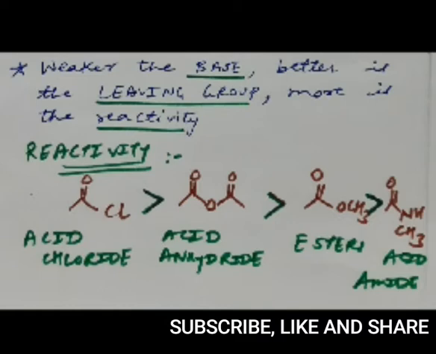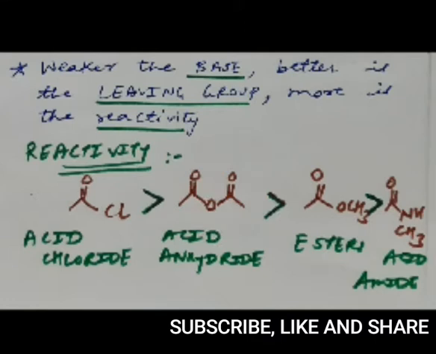Move on to the next, acid anhydrides. In the case of acid anhydrides, if I consider this particular group, since it has a carbonyl group having a minus I effect and it also has an oxygen which is an electronegative element, because of this it is an intermediate strong base.